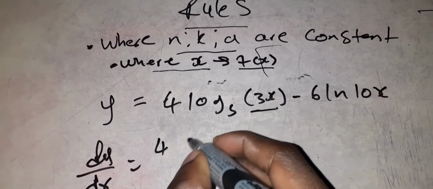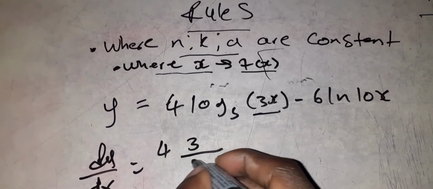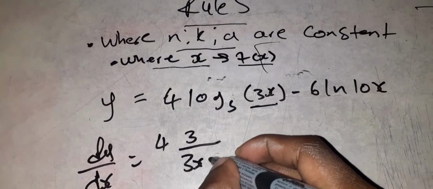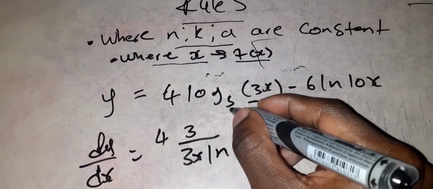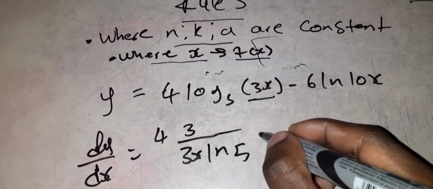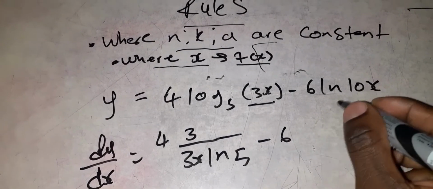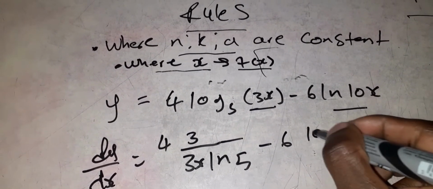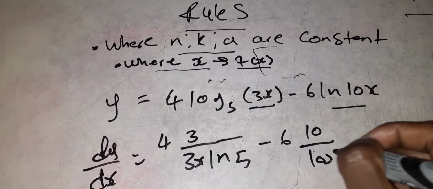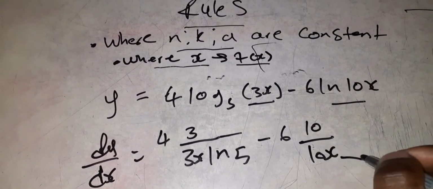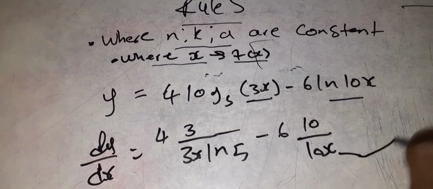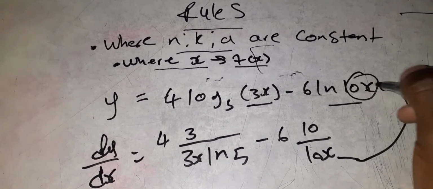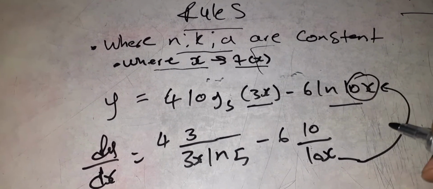This is your f of x, so we'll say 3 over, then you put the f of x as it is, then ln of 5. Then minus 6. On top, in this case, we put the derivative, so it's going to be 10 over 10x, because the f of x is only 10x.